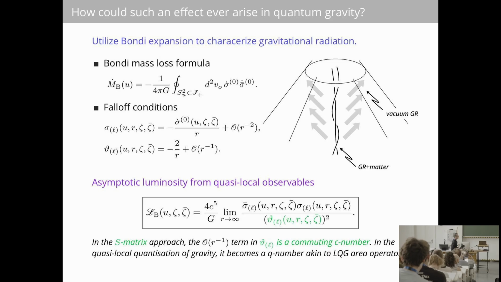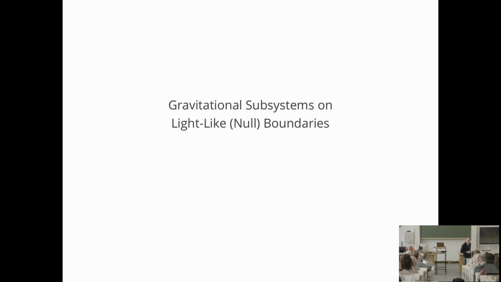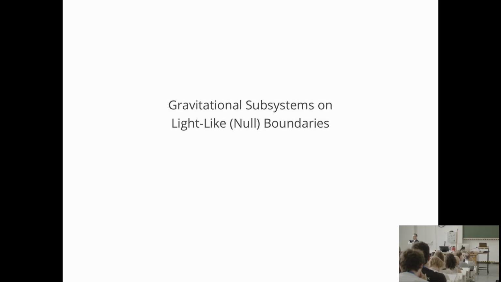So now let's get a bit more into the mathematical details. What we want to understand are gravitational subsystems. But now let's not do this on a three-dimensional spatial hypersurface in spacetime. Let's do this on the light cone.